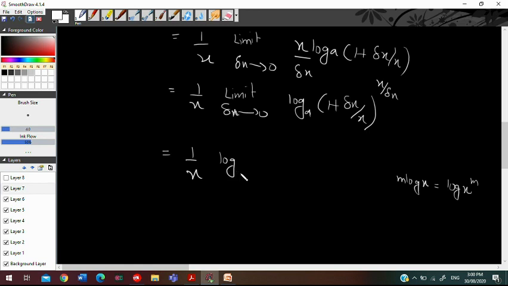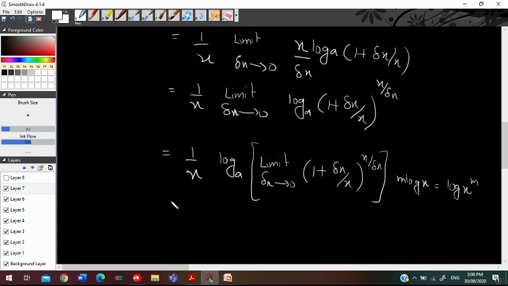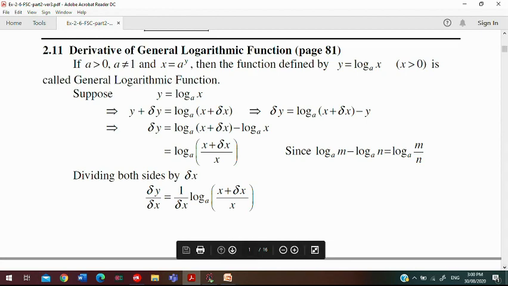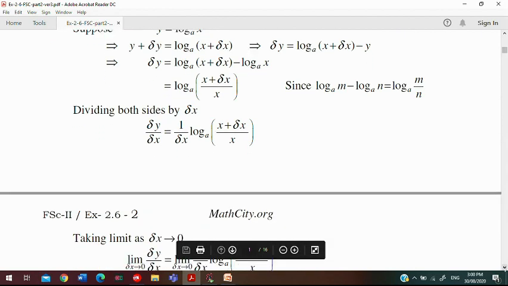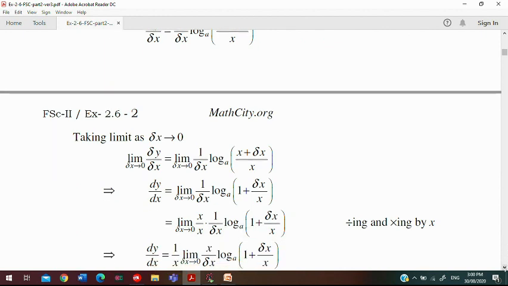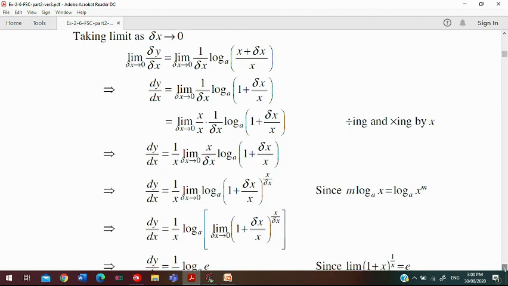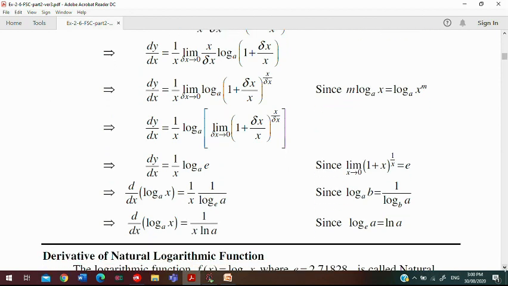I will write log of a over here, and then limit delta x approaches 0, (1 plus delta x by x) to the power x by delta x, and this is the complete statement of our theorem, and this is equal to 1 by x log of a into the same calculations. You can see here there is a proper procedure through which they have solved the whole exercise.